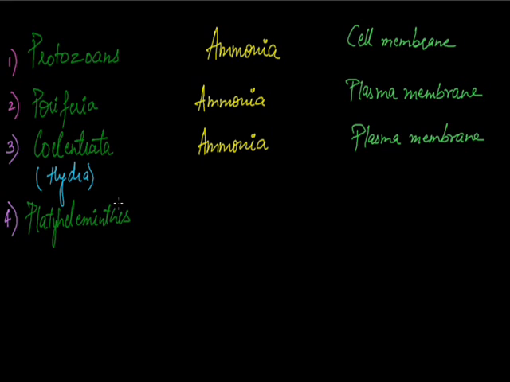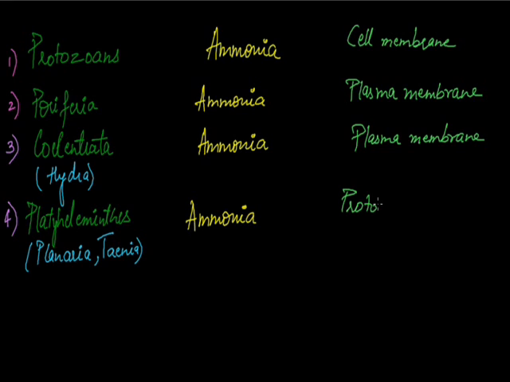Platyhelminthes are commonly known as flatworms, and the best examples are planaria and Taenia solium. They mainly excrete ammonia from the body surface. They have protonephridia with special cells called flame cells.